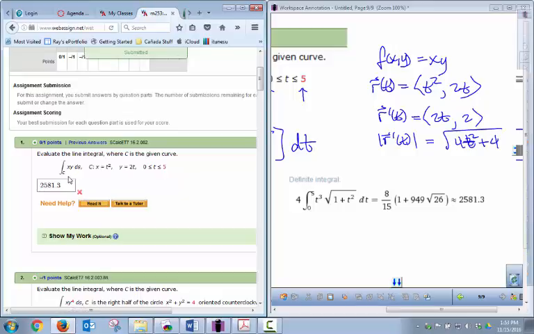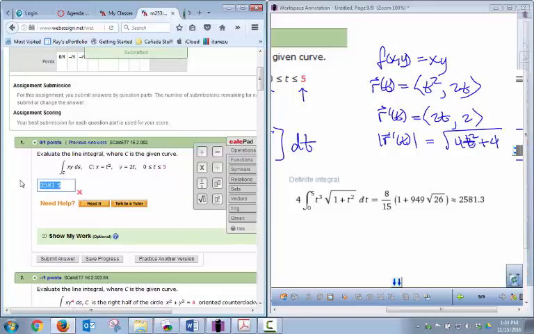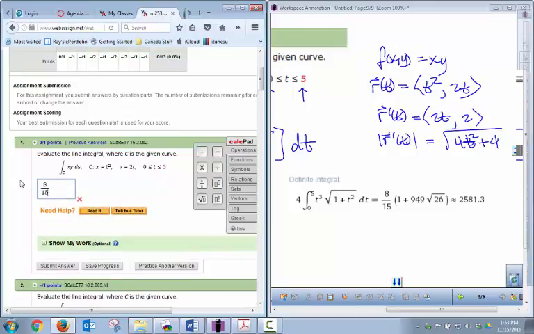Or 8 over 15 times 1 plus, this is ridiculous, 949 times the square root of 26.